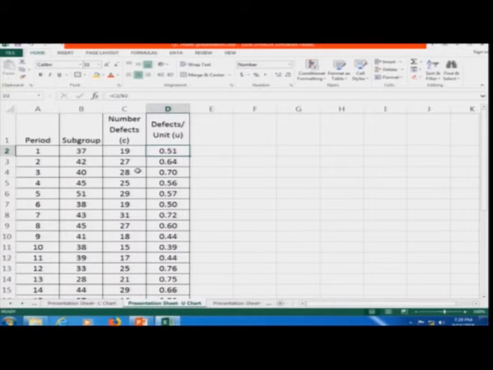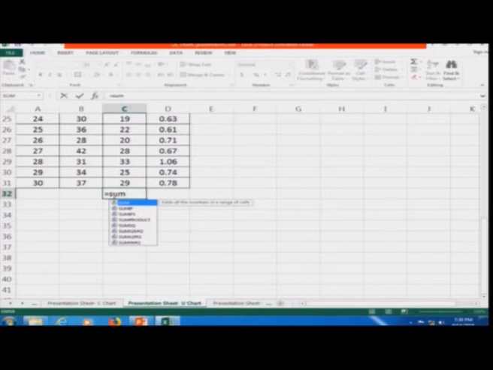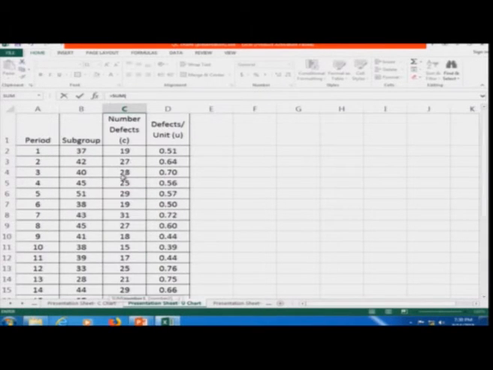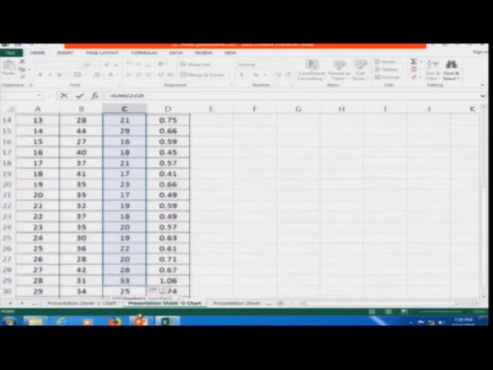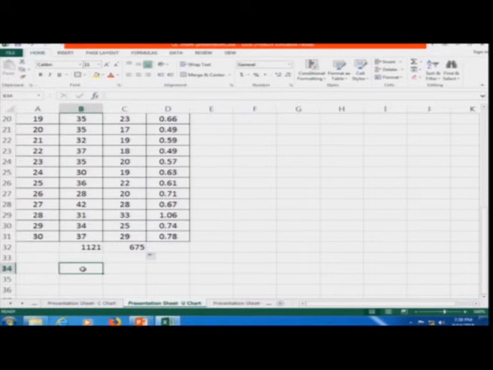Okay. So to calculate the lower and the upper control limits, I need to calculate the U bar. So U bar is the total number of defects by total number of pieces inspected. So this is equal to the sum of the total number of defects, and similar to this we have the total number of pieces which are inspected, and we have U bar.